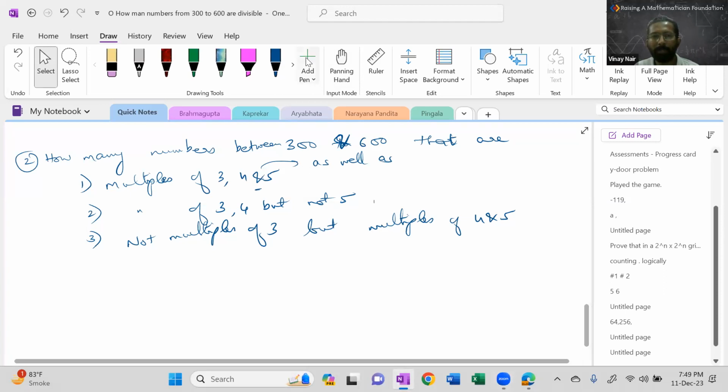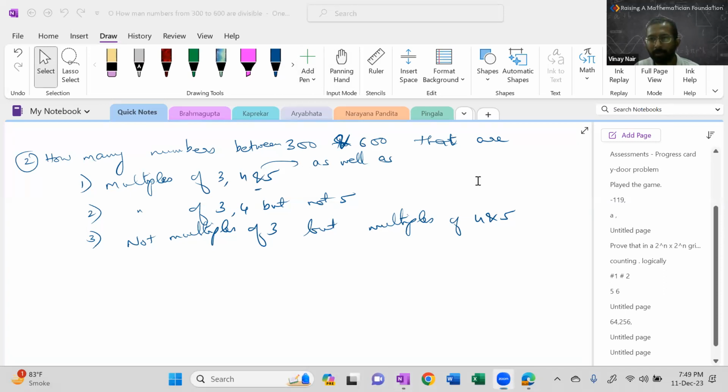Remember, it is between 300 and 600. Akhil, what does between 300 and 600 mean? So the numbers which start from 301 and end till 599. Correct. Excellent.